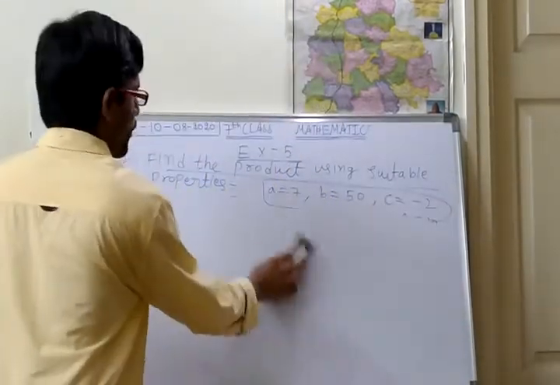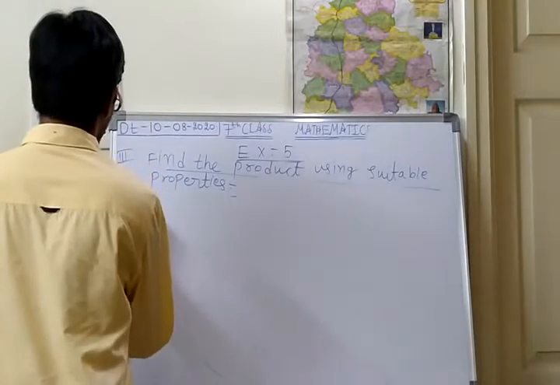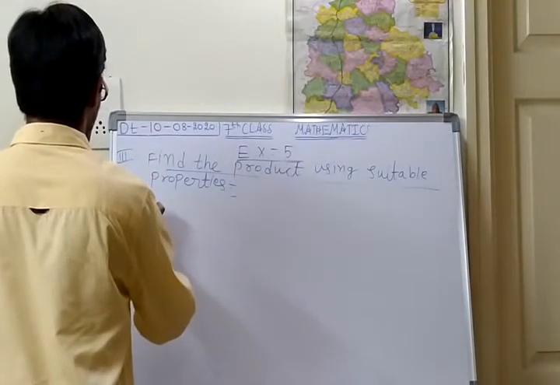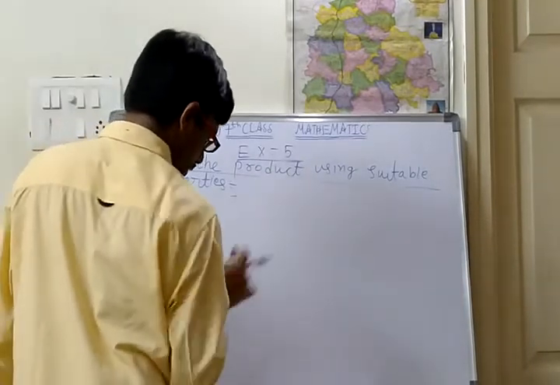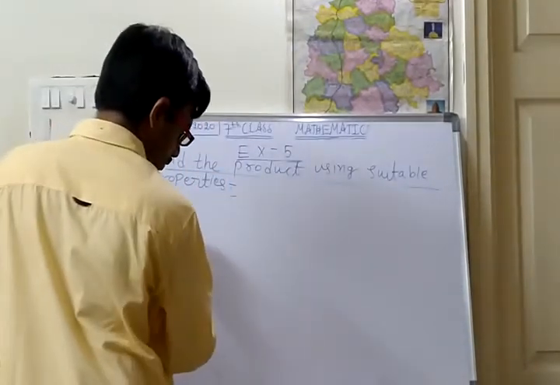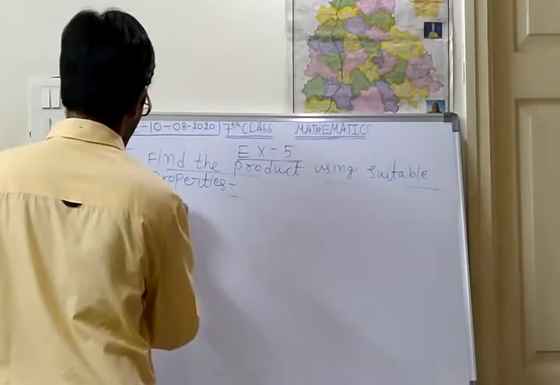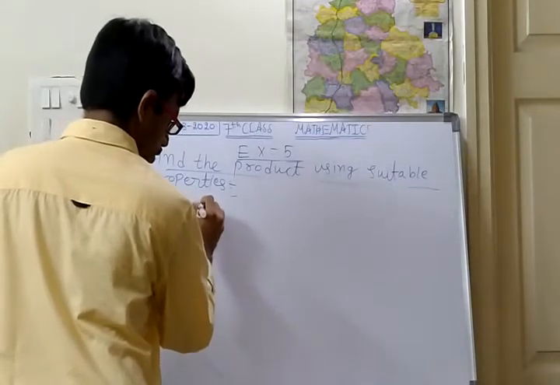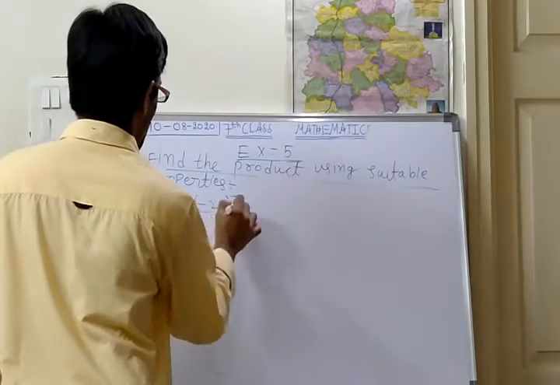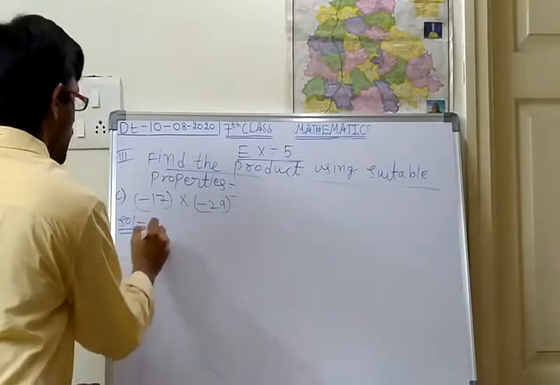Next one, third one, C. Minus 17 into minus 29. This one. So what is minus 17 into minus 29?